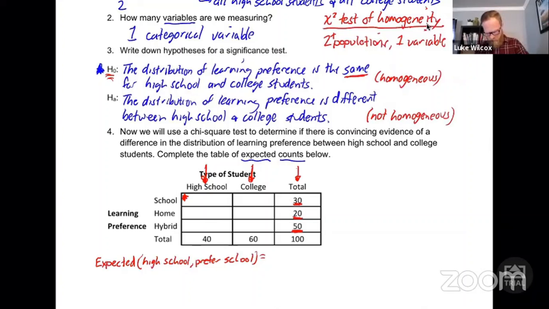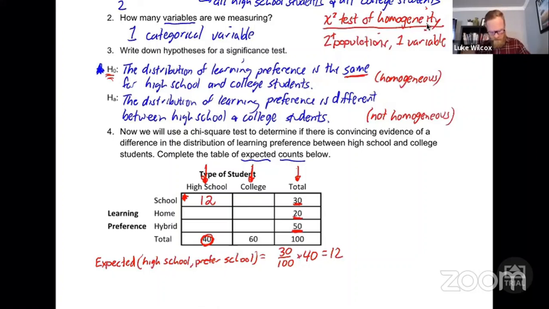So the calculation would be 30%, or I'm going to write that as 30 out of 100, of all the high school students sampled. Well, we sampled 40 high school students, and 30% of those 40 would tell me that we expect that 12 of them would say that they preferred school. So let's go ahead and write that in as our first expected value.